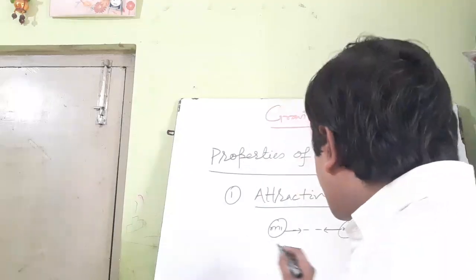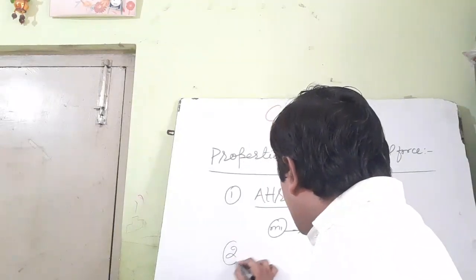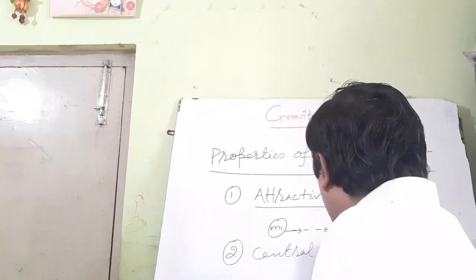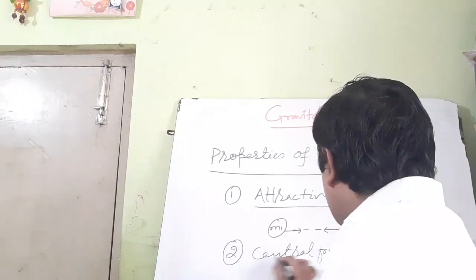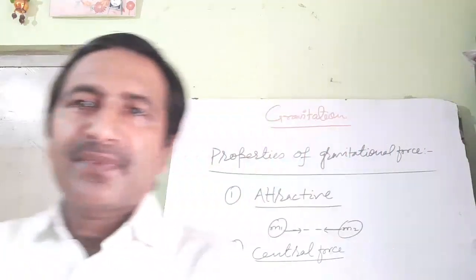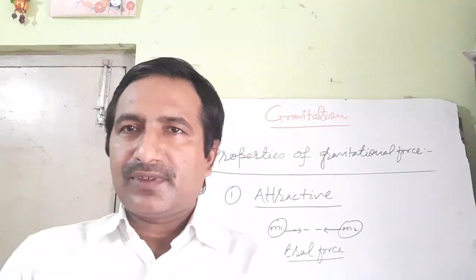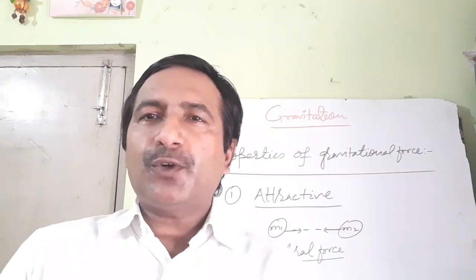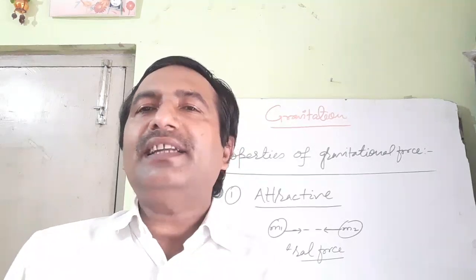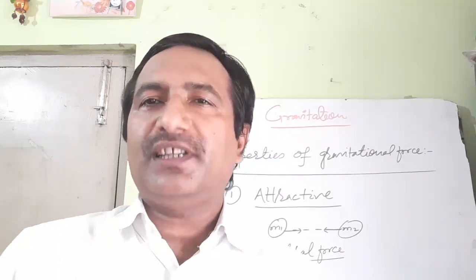Okay. Second property is, this is a central force. Gravitational force is a central force. Now let us know the meaning of this central force. Central force is the force which acts along the line joining the centers of two bodies.